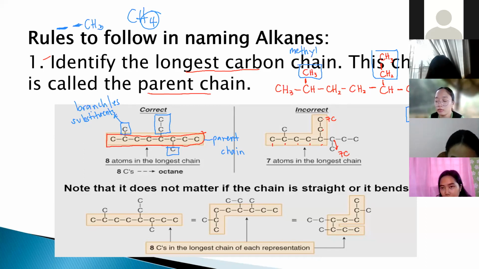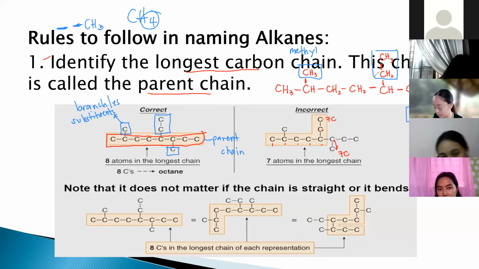So substituent na ito, ang tawag sa kanya, methyl. Actually, ito din, kasi parehas lang naman silang CH3. So, we will also call this as methyl. Isang carbon, kulang ng hydrogen, it's methyl.